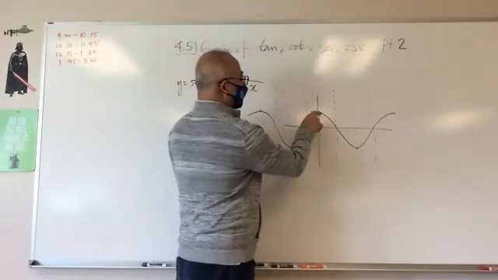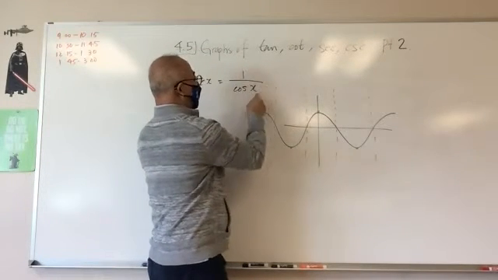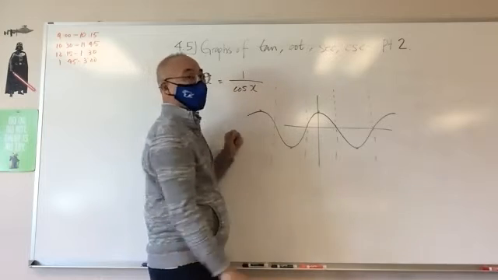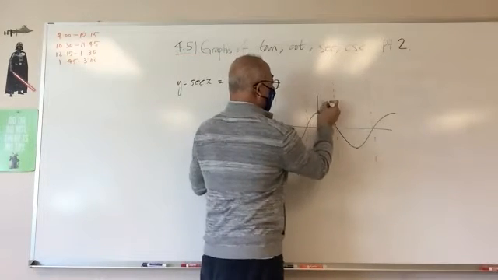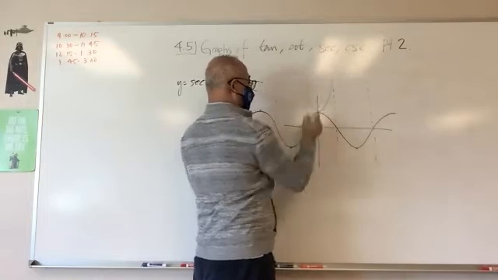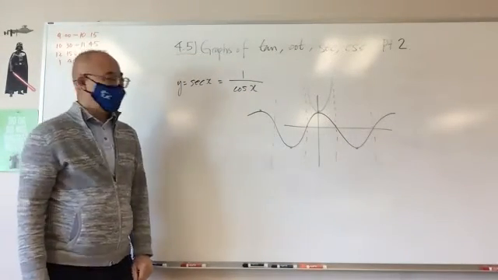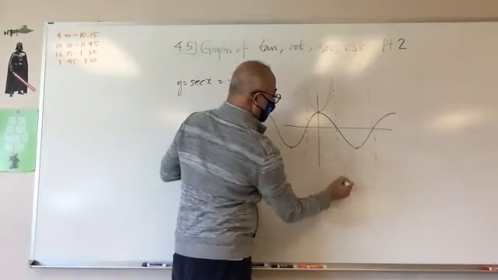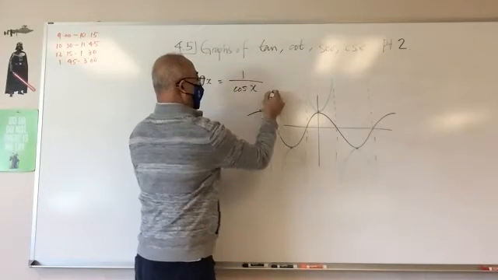As x gets smaller and smaller, what's going to happen to this guy? Bigger and bigger, right? To the point where it gets to 0, I'm going to go to an asymptote. So it's going to look like this. And it's negative here, positive here.